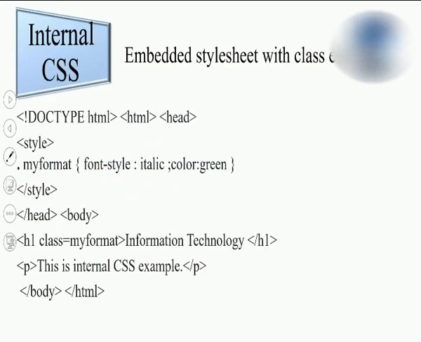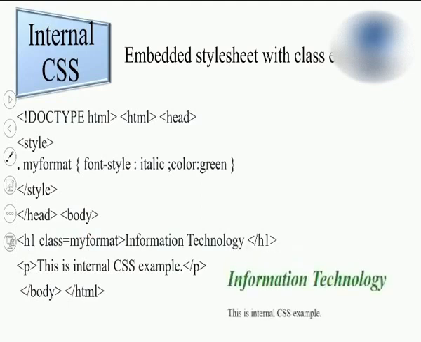Students, if I wish to have the italic and green style for the paragraph, instead of writing the class attribute in the H1 tag, I will mention it inside the paragraph tag. Here, as I have used it for the H1 tag, the output I will be getting is something like this, having the italic and green color for the word information technology.